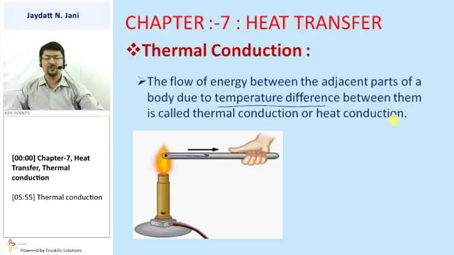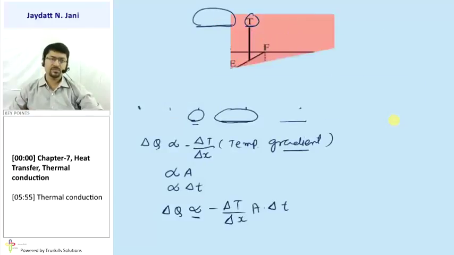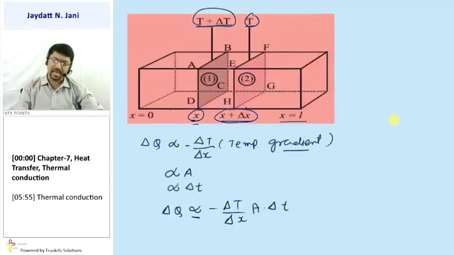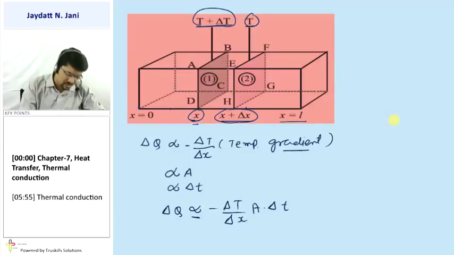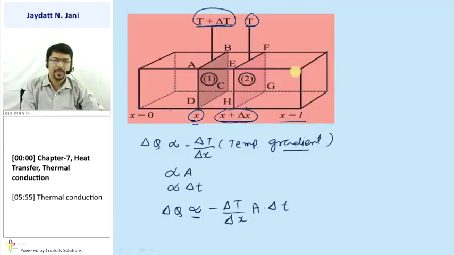So here as we think about thermal conduction in detail, suppose I have one slab. That slab, the first face is A, B, C, D, which is at distance x, and after some distance delta x, I have another area E, F, G, H. Now here we provide heat at the first end at x equal to 0.